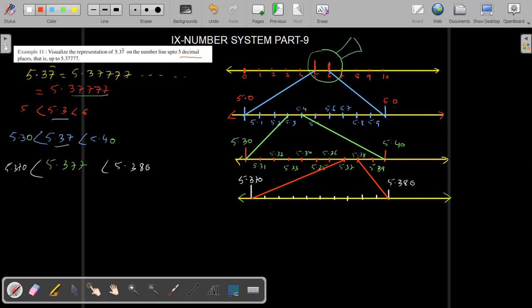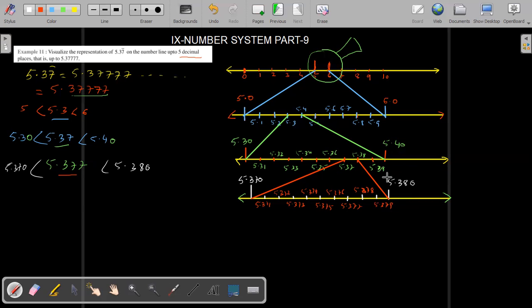5.37, we need 5.377, which is between 5.377 and 5.378. So this will be 5.371, 5.372, 5.373, 5.374, 5.375, 5.376, and this is 5.377, and this is 5.378, and then 5.379, and 5.38.